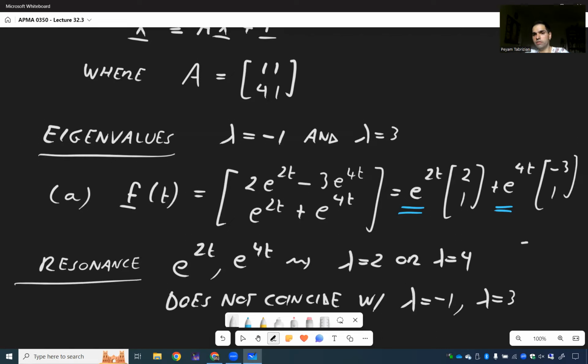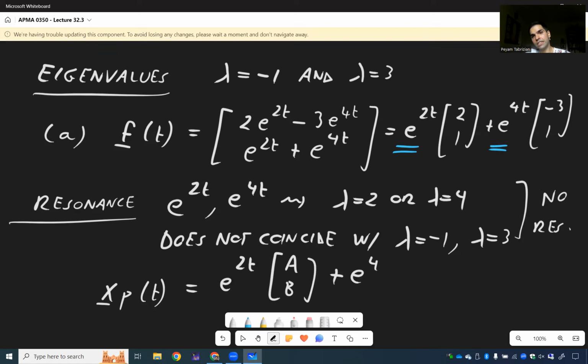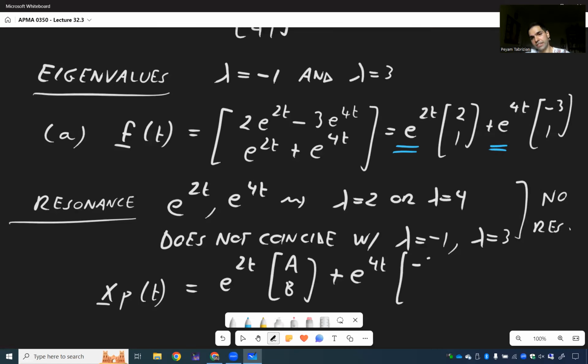So no resonance, which means we can just guess our usual thing. So in this case, xp of t is e to the 2t times a constant vector (a, b) plus e to the 4t times another constant vector.